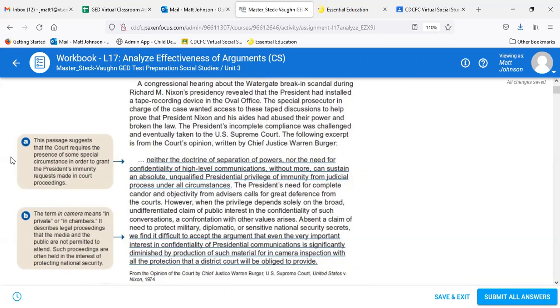However, when the privilege depends solely on the broad, undifferentiated claim of public interest in the confidentiality of such conversations, a confrontation with other values arises. Absent a claim of need to protect military, diplomatic, or sensitive national security secrets, we find it difficult to accept the argument that even the very important interest in confidentiality of presidential communications is significantly diminished by production of such material for in-camera inspection with all the protection that a district court will be obliged to provide.